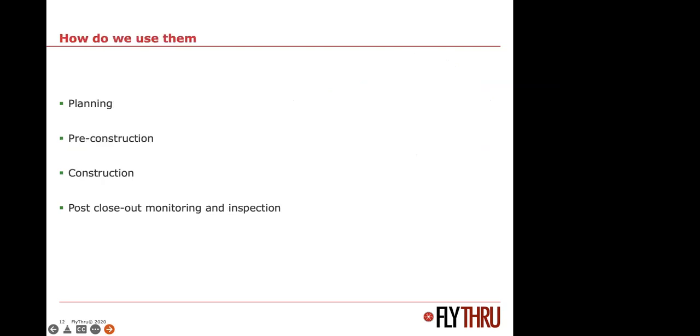I'm going to do some illustrations of all sorts of ways in which we've captured data and what that data has been turned into. But just for example, planning, pre-construction, construction, inspection.